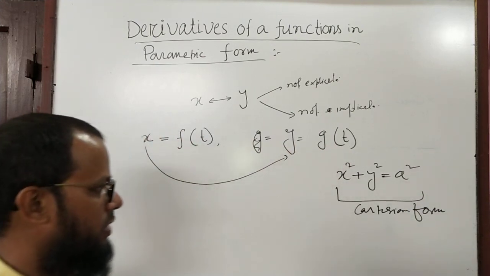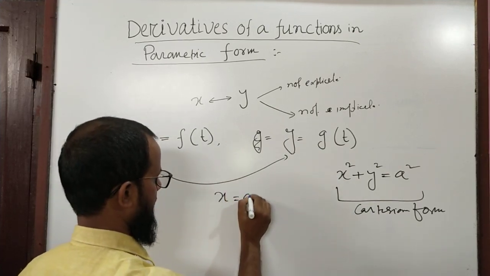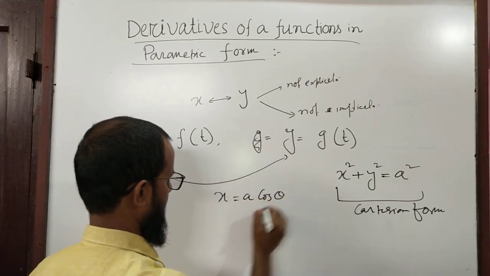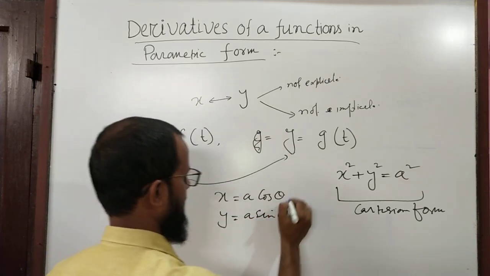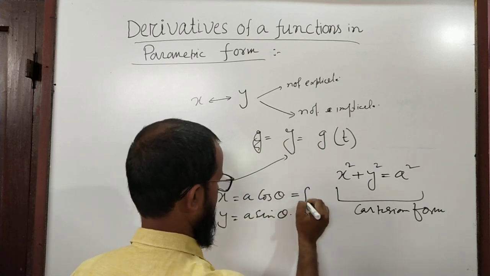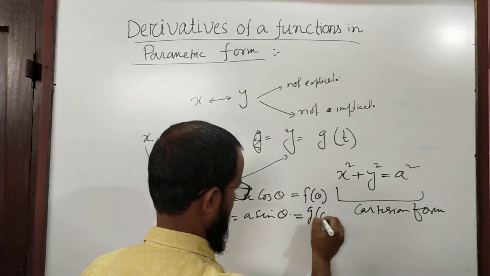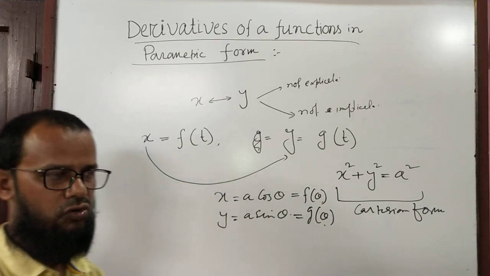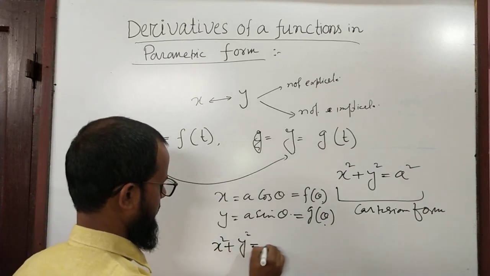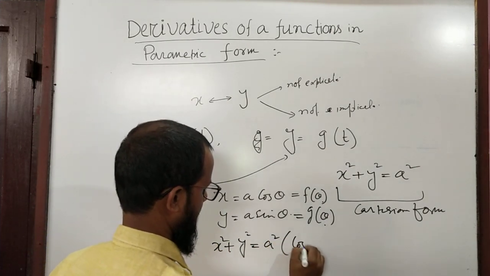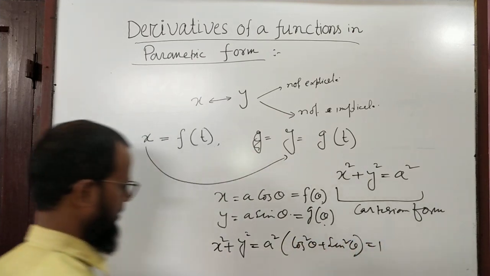Now, if I take x equal to a cos theta and y equal to a sin theta, then x is a function of theta and y is also a function of theta. A third variable is introduced, and squaring both sides, you will get a square times cos square theta plus sin square theta, which is 1.